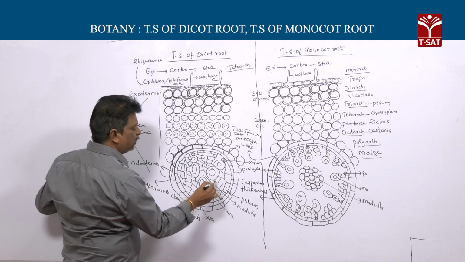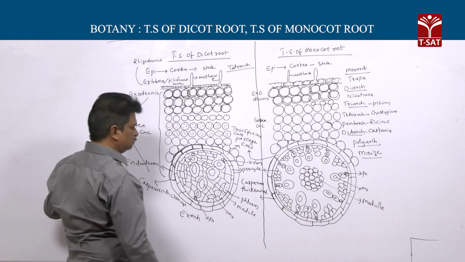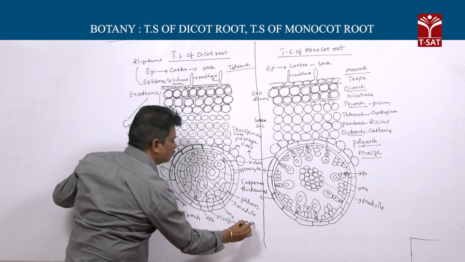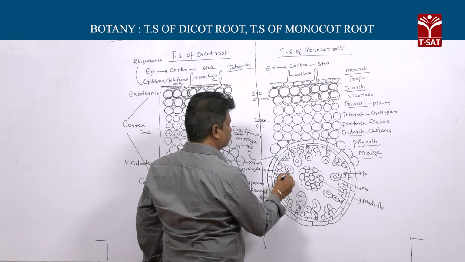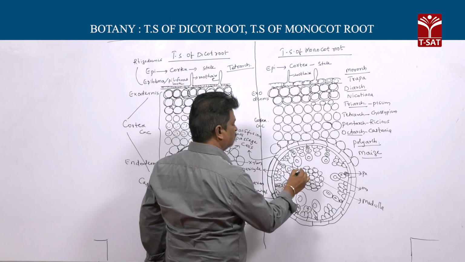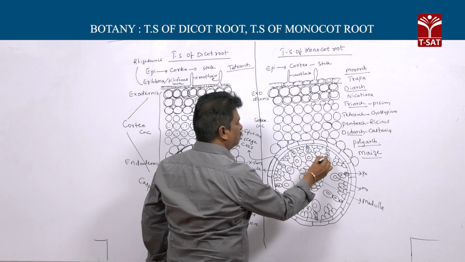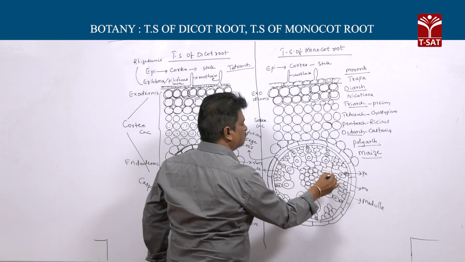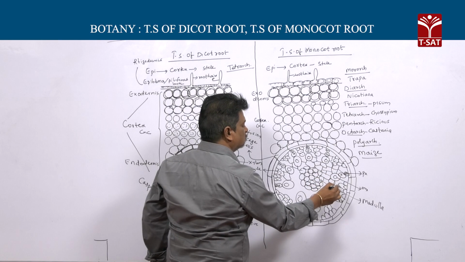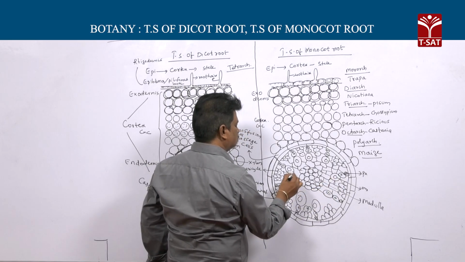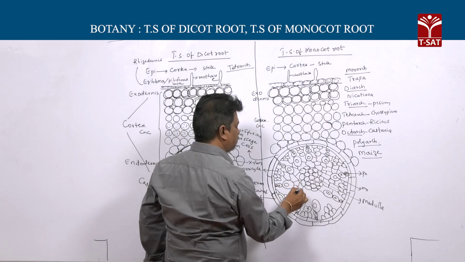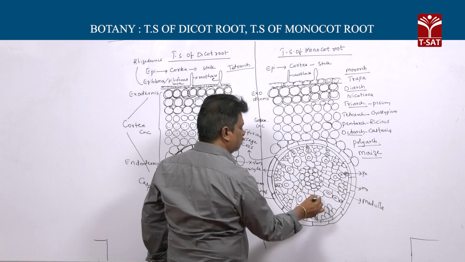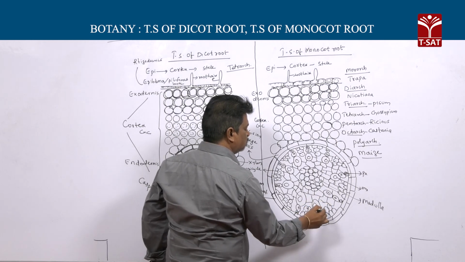This conjunctive tissue is present in both dicot and monocot root. In dicot root, conjunctive tissue is parenchymatous, helps in storage, and even by dedifferentiation it produces cambium.